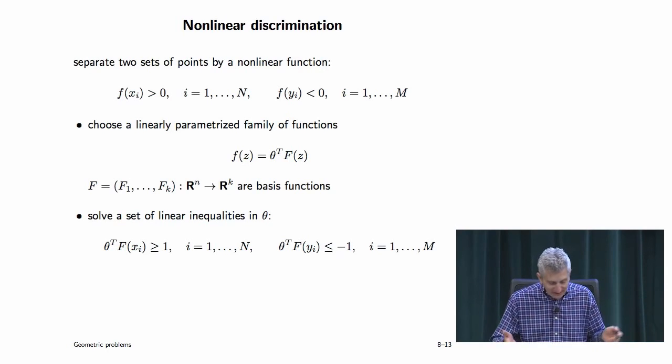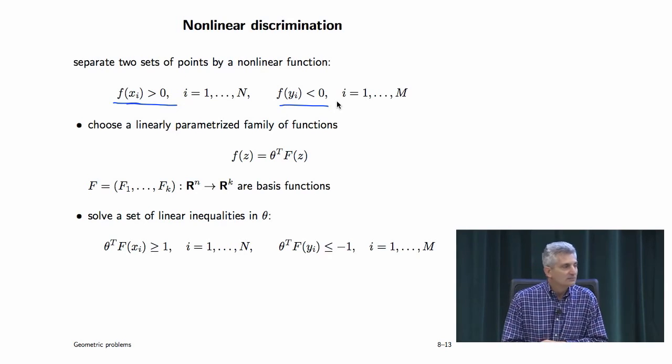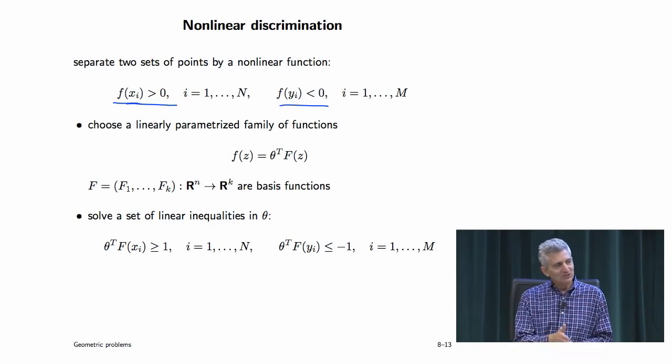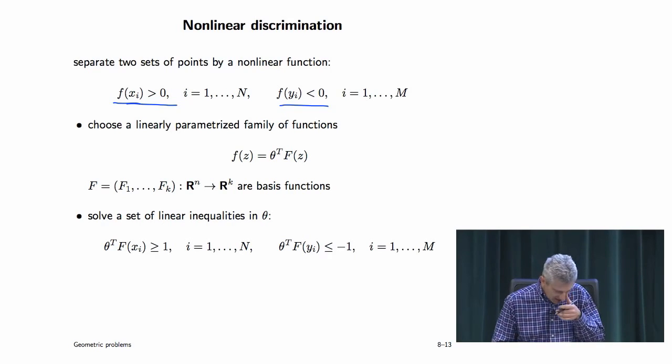So nonlinear classification says, find me a function f that is positive on the x's, negative on the y's. Here's one approach to it. Actually, there are multiple approaches. One, which doesn't fit in this theme, would be kernel methods, but we don't have time to talk about it. Instead, we're going to look at something much simpler that fits with the theme of convex optimization.